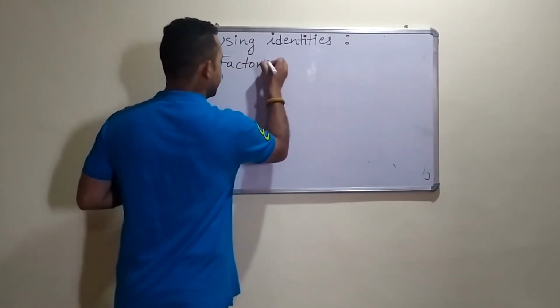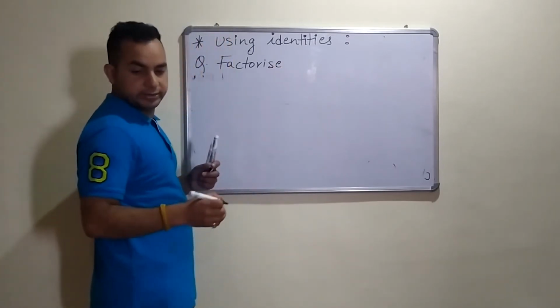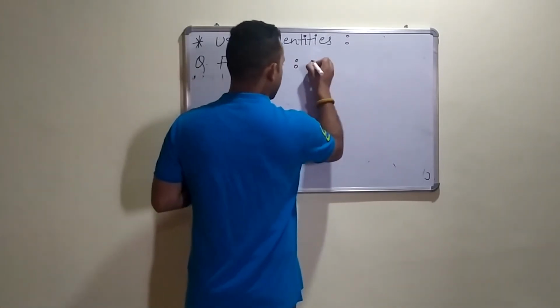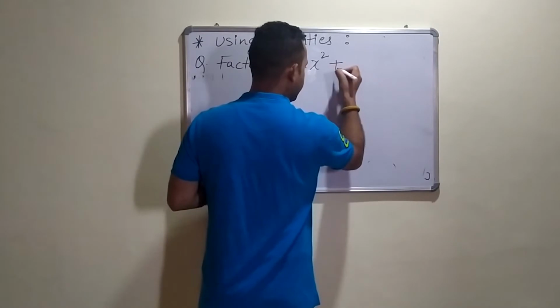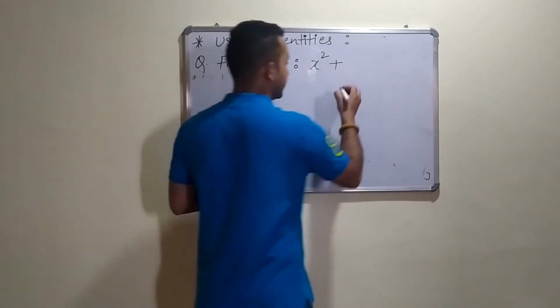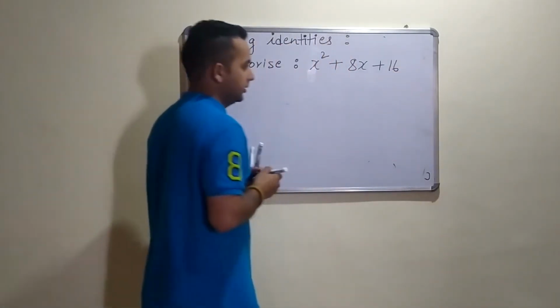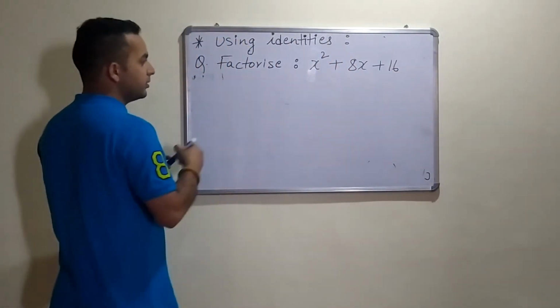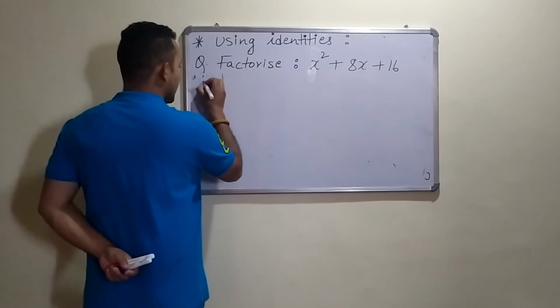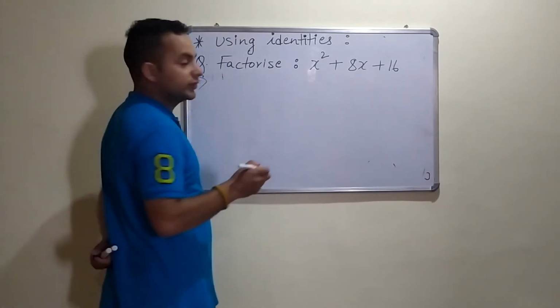Okay class, so your first question is, you're going to factorize x square plus 8x plus 16. This is your question, and you're going to solve this by using identities.